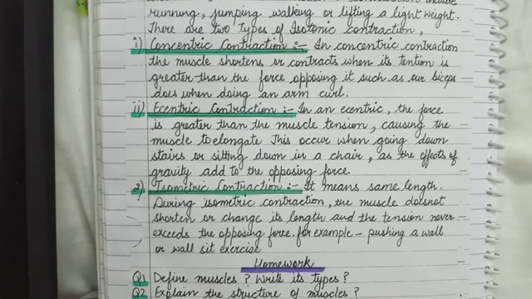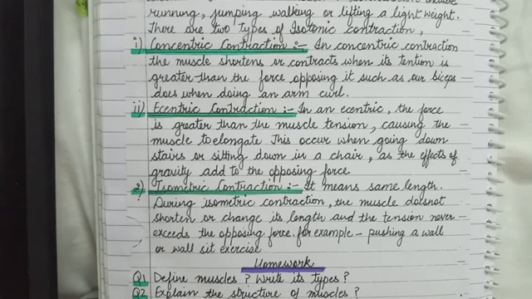Second, eccentric contraction. The force is greater than the muscle tension, causing the muscle to elongate. This occurs when going downstairs or sitting down in a chair, as the effects of gravity add to the opposing force.